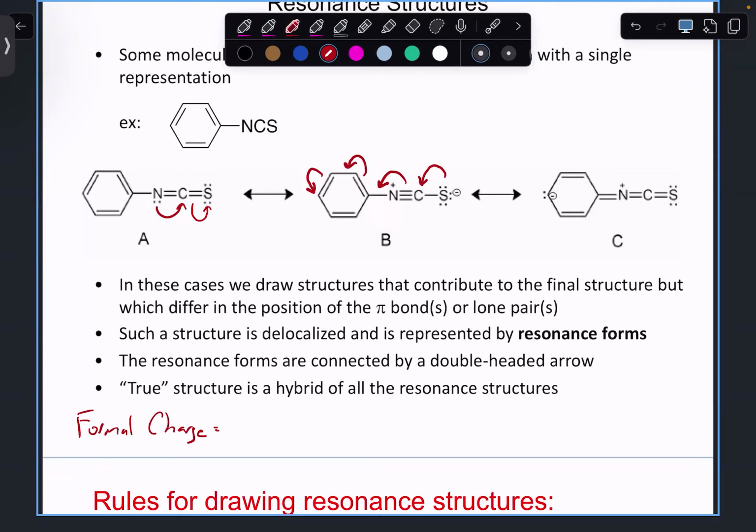So you take the valence electrons, and then you subtract the number of lone pair electrons. And then you subtract half of the bonding electrons.